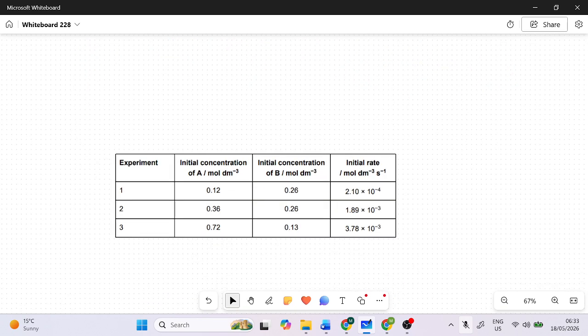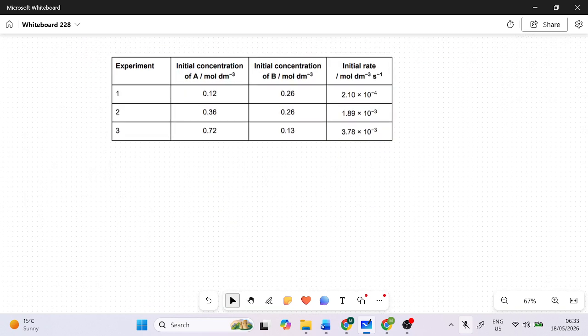The problem arises if you have this setup. For the first one, it's going to be easy. Between experiment 1 and experiment 2, the concentration of A tripled and the rate, let me tell you exactly, it was times 9.